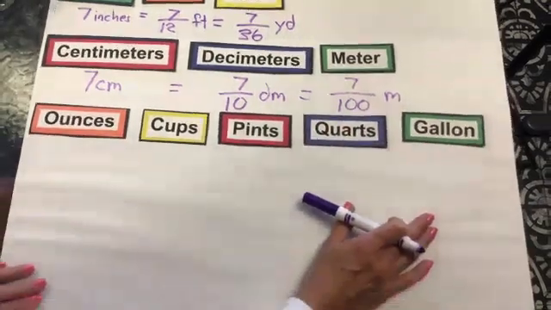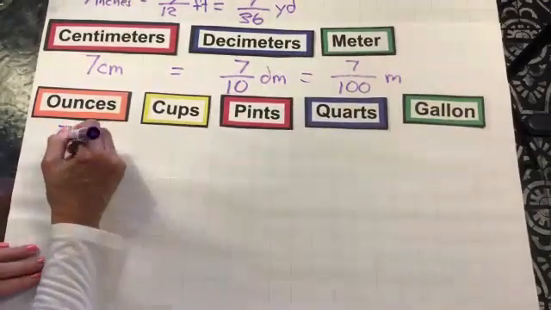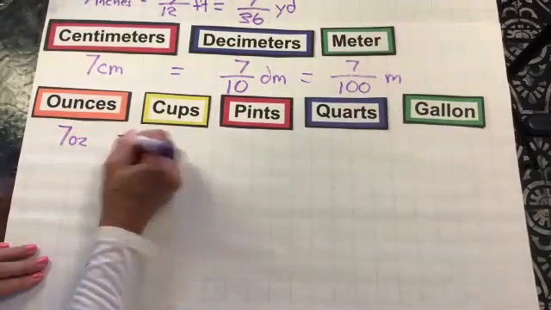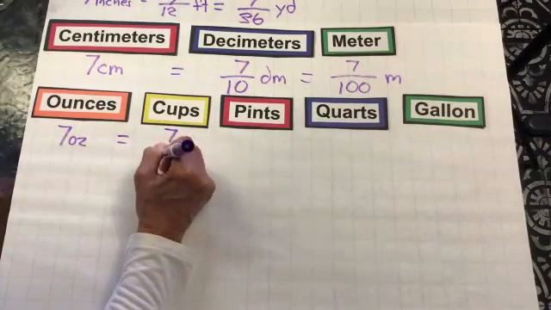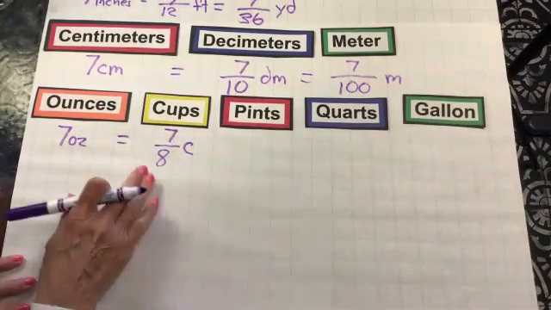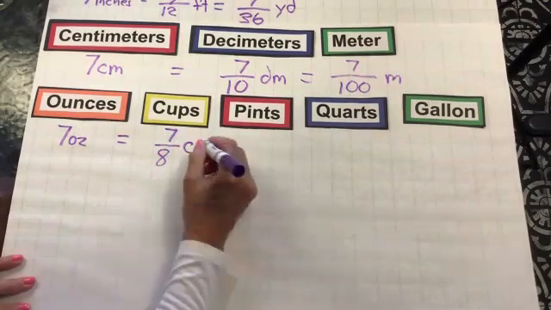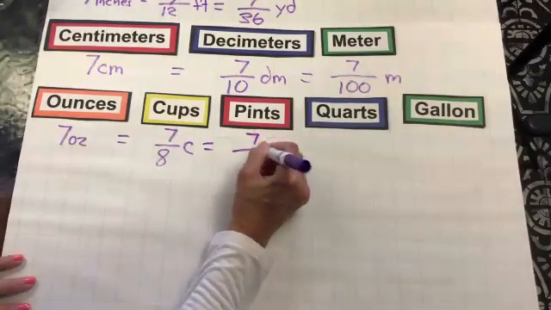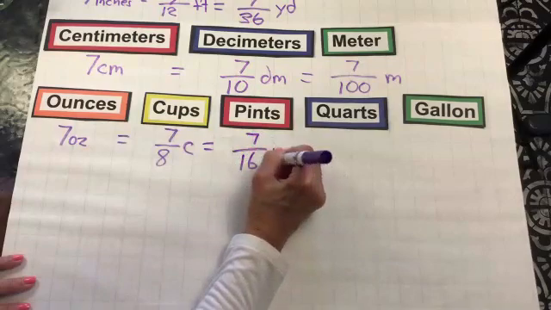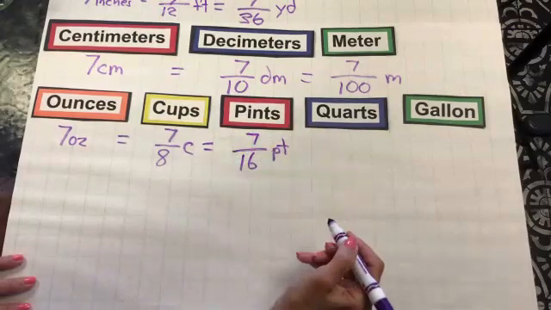I'm going to move that up. So if we have 7 ounces, that is the same as 7 out of 8 ounces to make a cup. Wow, we're almost to a full cup. And that would be 7 out of 16 to make a pint. So 7/16 of a pint.